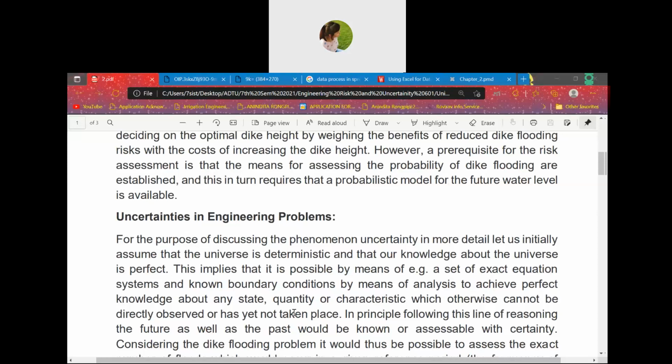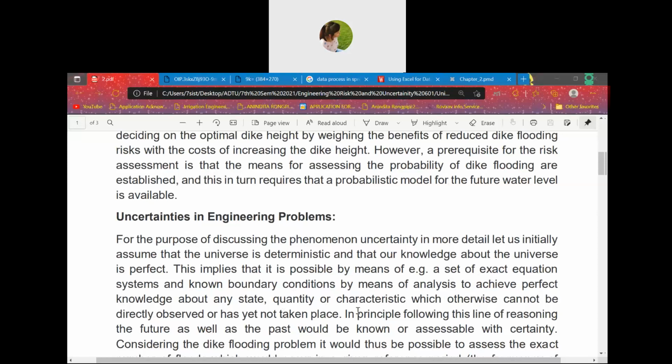So when we assume that the universe is deterministic and we have perfect knowledge about the universe, this statement basically implies that a set of exact equation systems and boundary conditions are known, and that by means of analysis we can achieve perfect knowledge about any state, quantity or characteristic of the universe which otherwise cannot be directly observed or has not yet taken place.